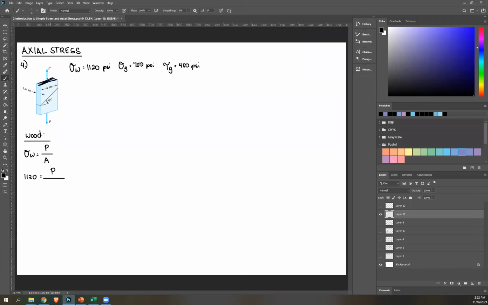Because this part is a rectangle. If I draw it in 2D, this is what that looks like: a rectangle with length given 4 inches, and thickness equal to 1 inch. Therefore, area is just base times height, or 4 times 1, so 4 inch squared. So this is simply 4. From this, please solve what's P.